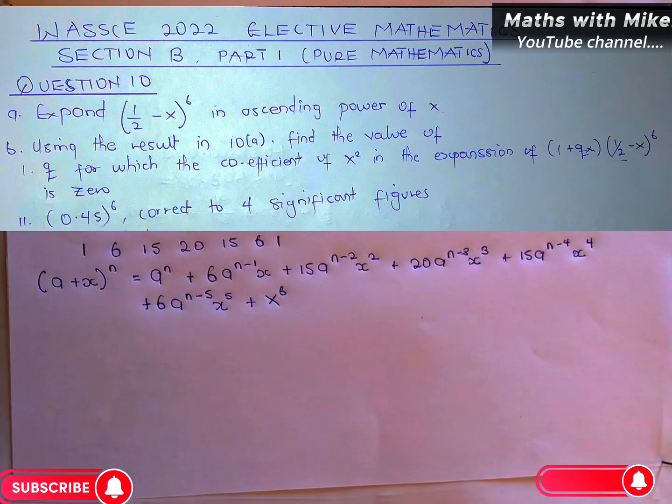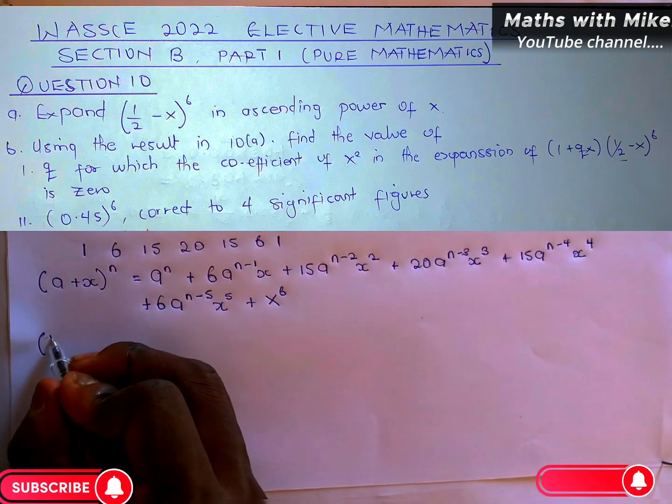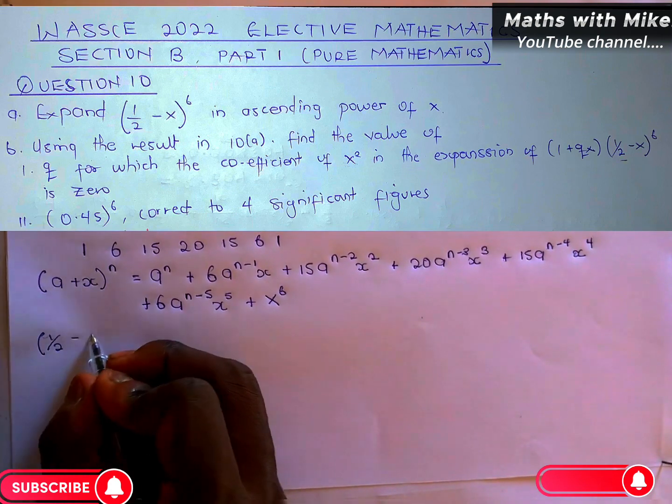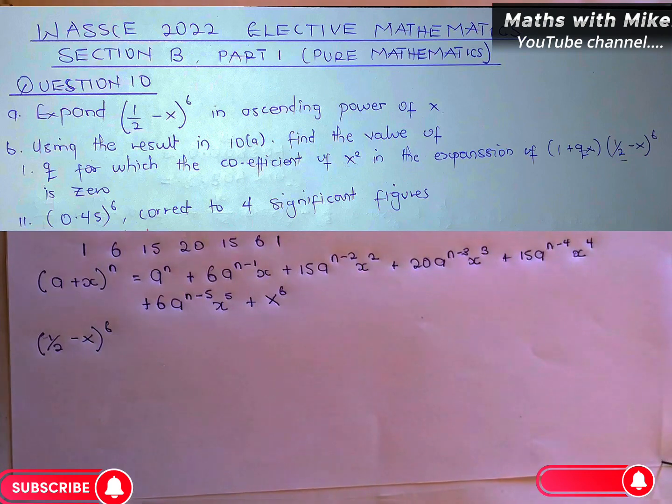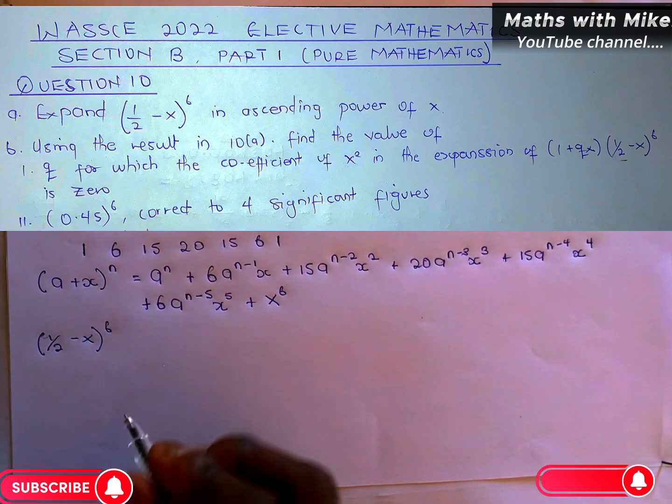Comparing this expansion to the question given, 1 over 2 minus x exponent 6, our a is half, the x is negative x here, and the n is 6.